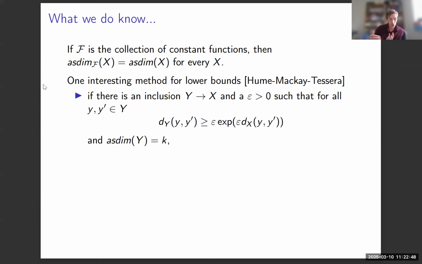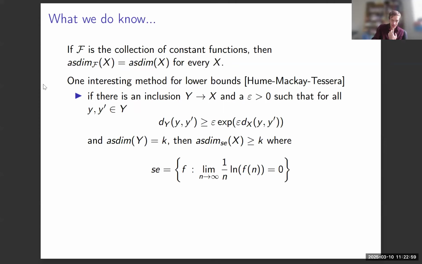So if we have an inclusion of a horosphere into a hyperbolic space, and the dimension of the thing we're embedding is k, then we'll get the same lower bound for the asymptotic dimension of x with respect to the class of sub-exponentially growing functions. So if you try to cover it using only functions that grow sub-exponentially, this is going to give you a lower bound.